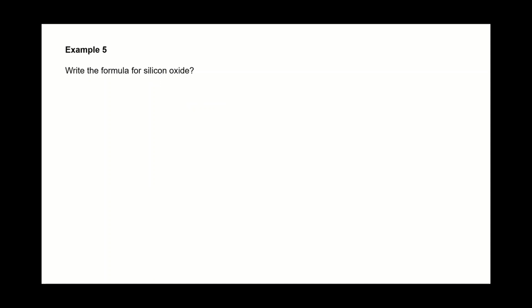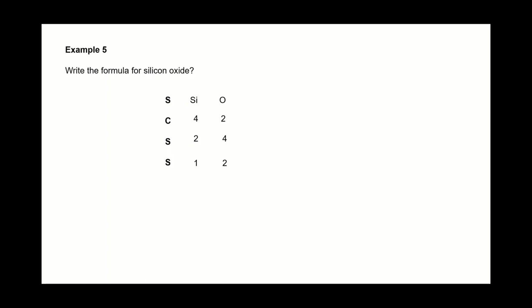Example 5. Write the formula for silicon oxide. Again, pause the video if you want to test yourself at this point. As usual, SCSS, symbols, charges, swap, and again, because we have 2 and 4, we can simplify because they both can be divided by 2.